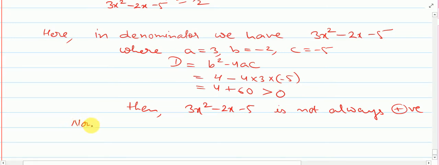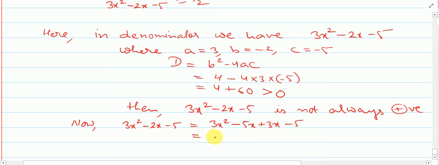Now 3x square minus 2x minus 5. So here 3 5s are 15. Okay, so we can write 3x square minus 5x plus 3x minus 5.